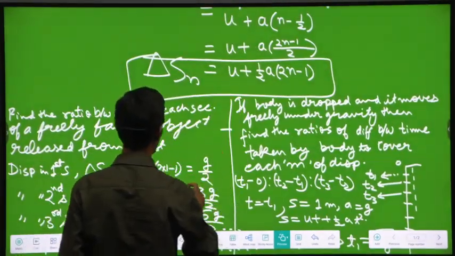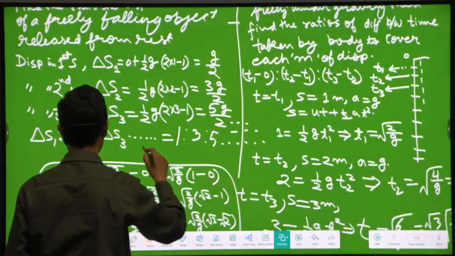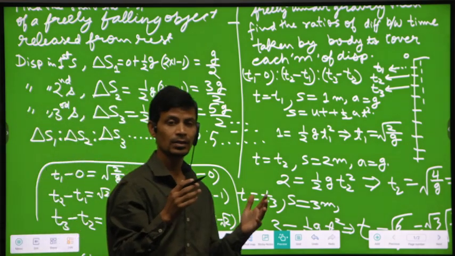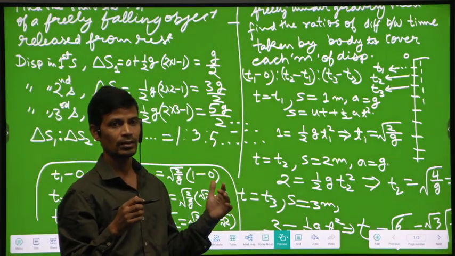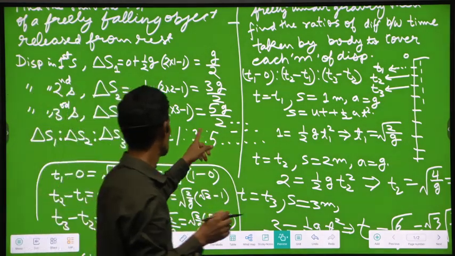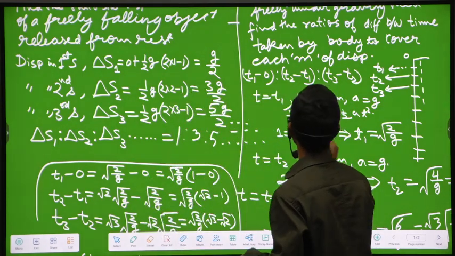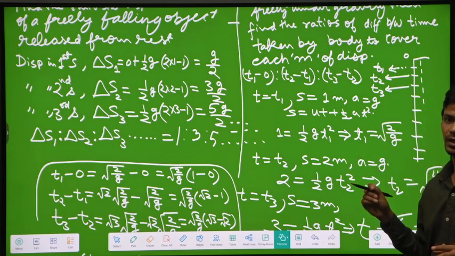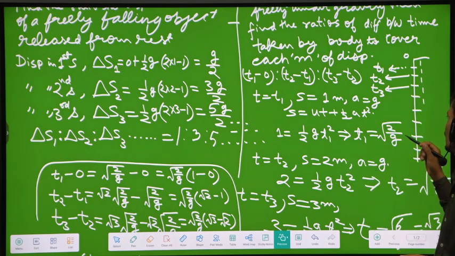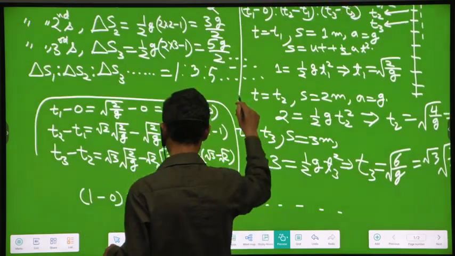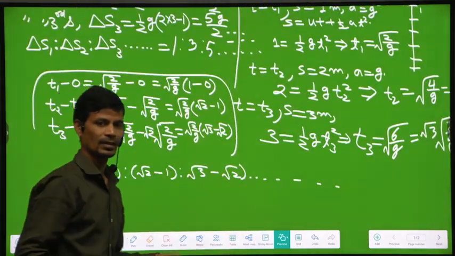And for free fall, the distance traveled in each second is in the odd multiple ratio. And the third one, for each meter displacement, the time interval difference is this complicated series. That's all in this video.